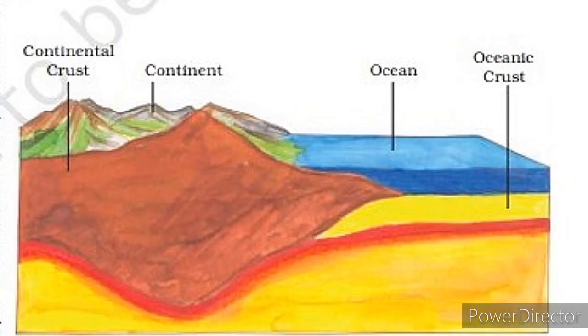Now this crust can be of two types. We can classify the crust into continents or land masses, and oceans or oceanic floors.